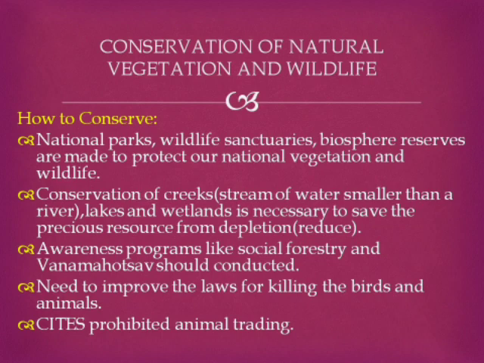Depletion means what? Reduce. Awareness programs like social forestry and Van Mahotsav should be conducted. Need to improve the laws against killing birds and animals. CITES prohibits animal trading.